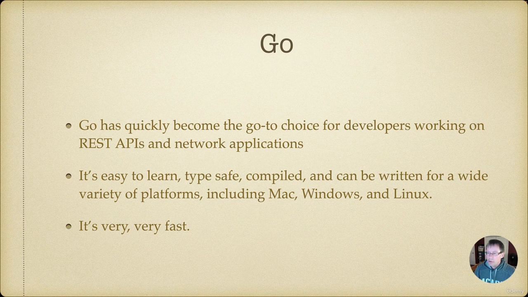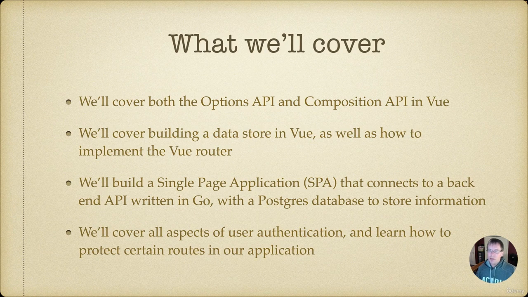Now, what we're going to cover in this course? Well, we're going to cover both the Options API and the Composition API in Vue. And if you're not familiar with what that is, don't worry. I'll go over them in detail. When Vue 3 was released, they actually kept the Options API, which was the standard way of writing applications in Vue since the first version, but they also introduced something called the Composition API.